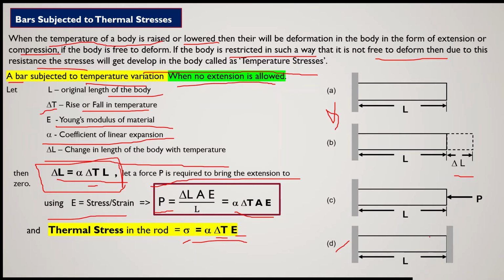If this bar is restricted from any extension, then this much stress due to the rise in temperature will develop. Accordingly, the thermal strain is stress upon modulus of elasticity. When you divide this equation by the modulus of elasticity, you get the formula alpha delta T. From this formula itself, it is clear that strain directly depends upon the rise in temperature. That means if you go on increasing the temperature, then the length will go on increasing.